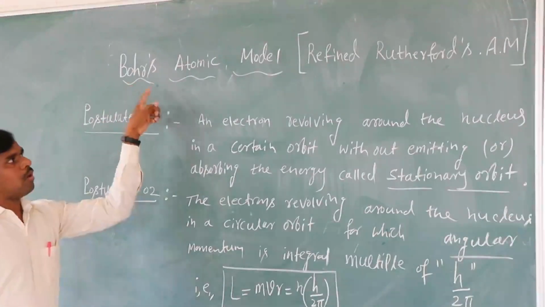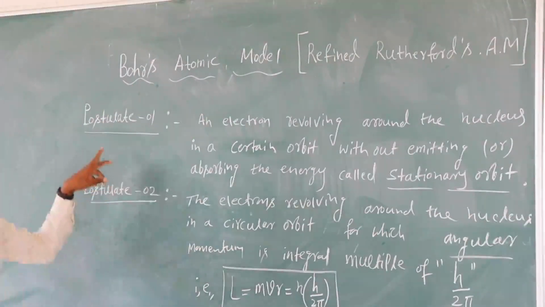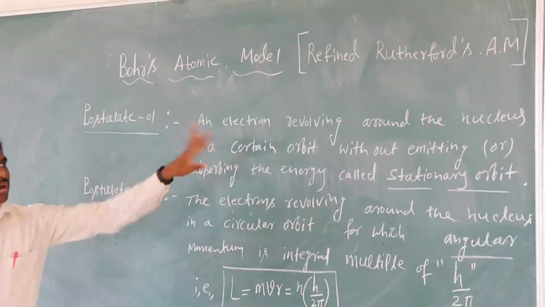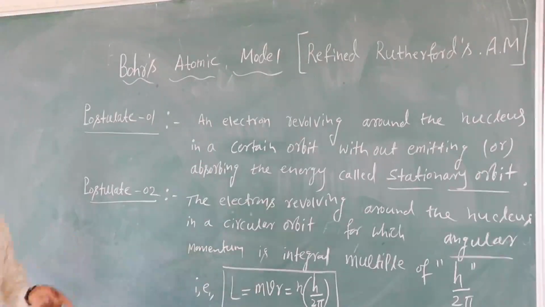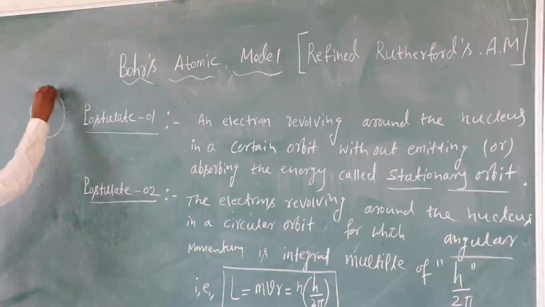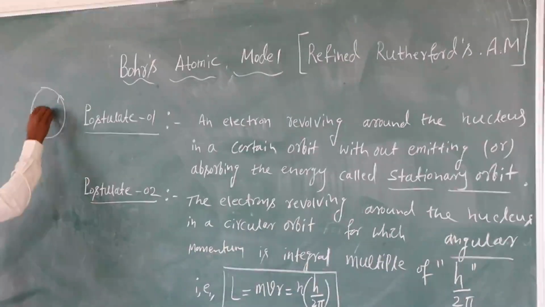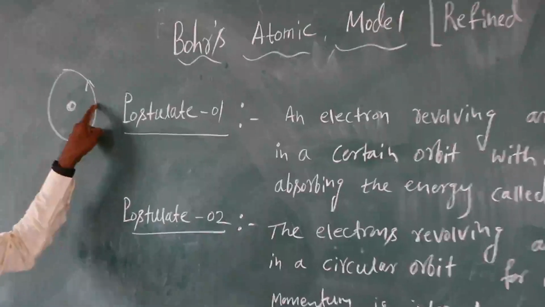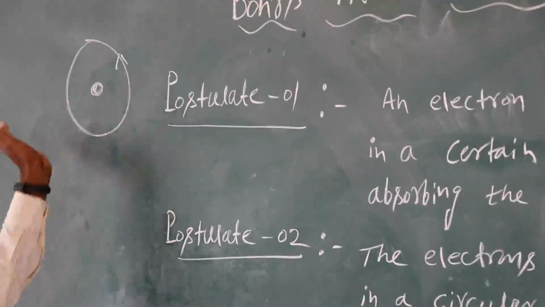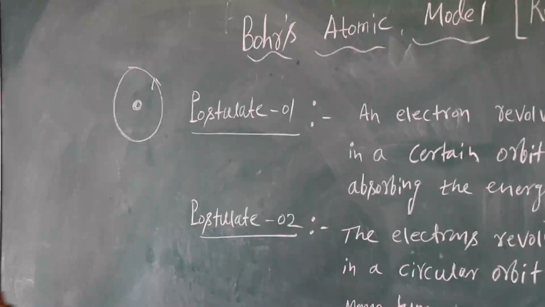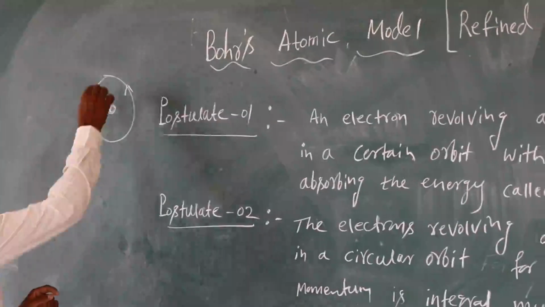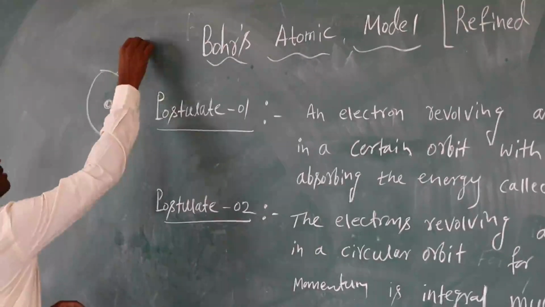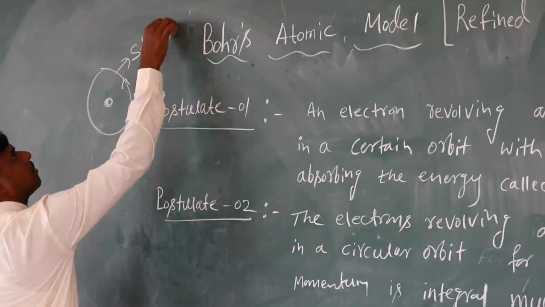According to the Bohr atomic model, when an electron is revolving around the nucleus in a certain orbit without emission or absorption of energy, that orbit is called a stationary orbit.